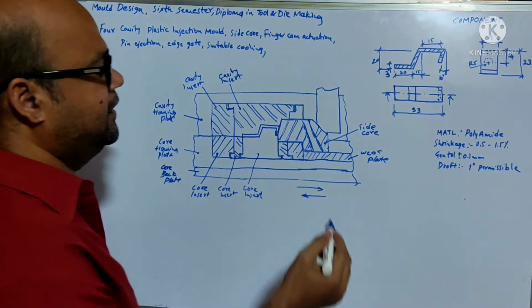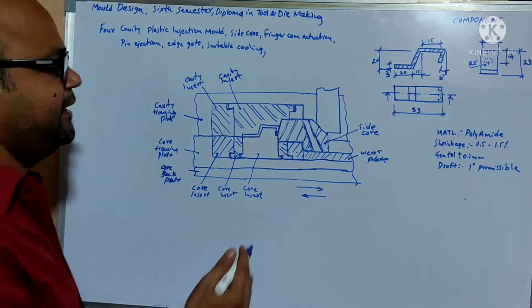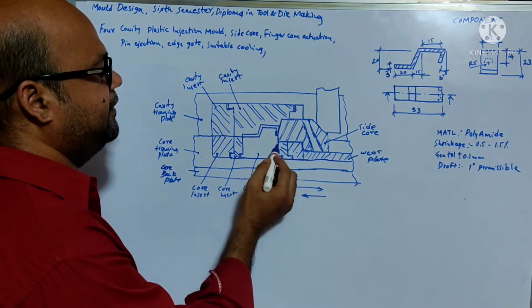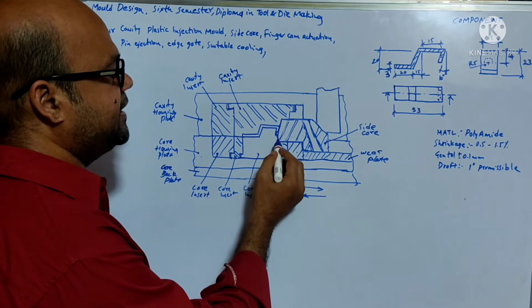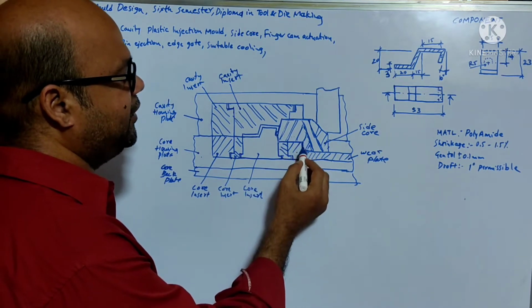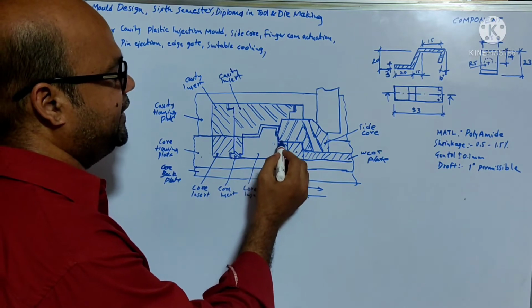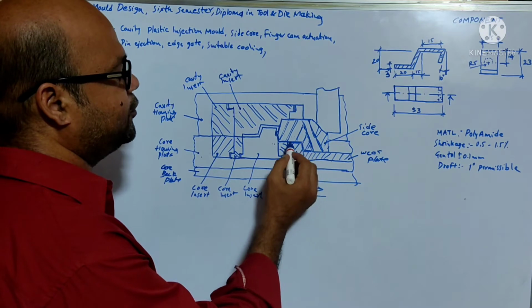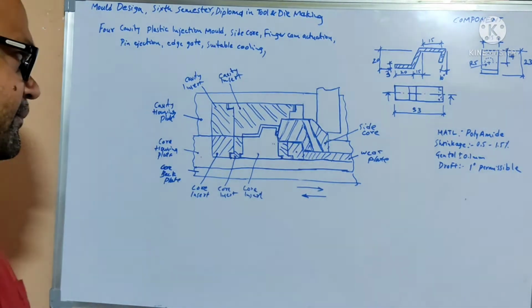When the finger cam actuates, the side core contacts the core on one side and the other side. This is the contact position where the side core movement is there.